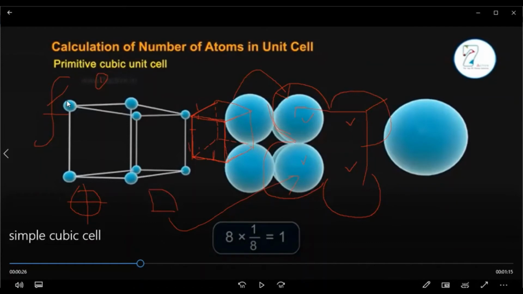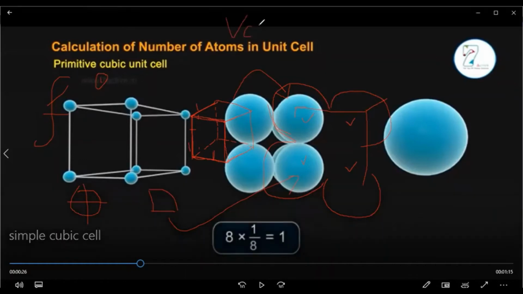Here you know the volume of the cube is length into breadth into height, and the volume of the sphere is 4/3 pi r cube.